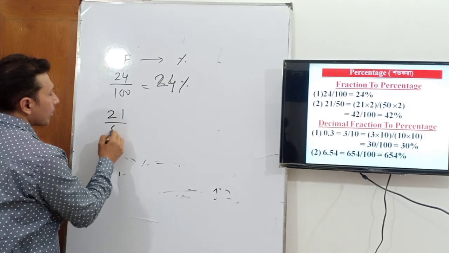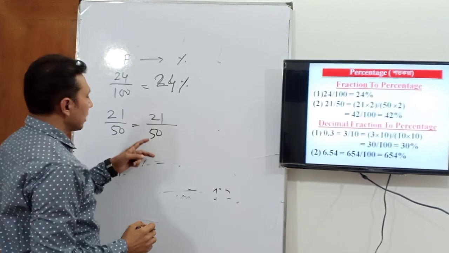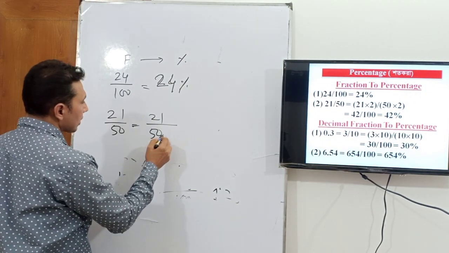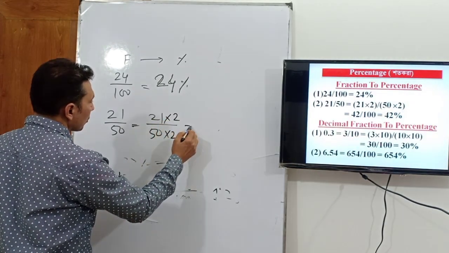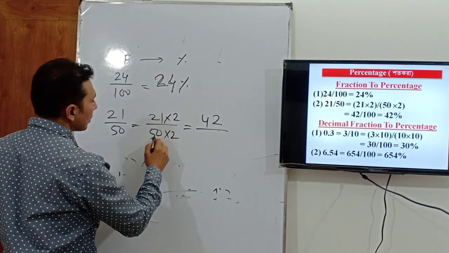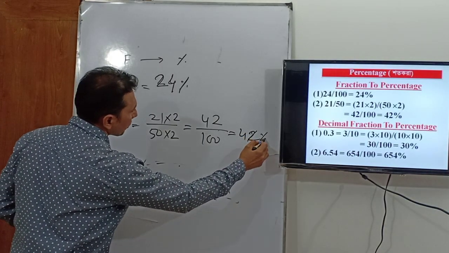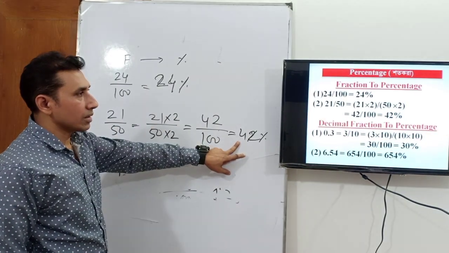Next, 21 by 50: here the denominator is 50, so to make the denominator 100 we multiply by 2. Then 42 by 100 equals 42%. So this is fraction to percentage.